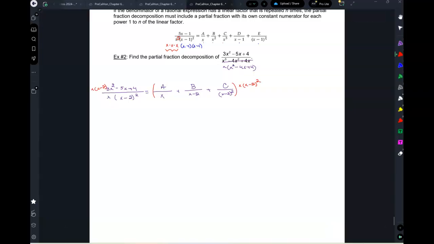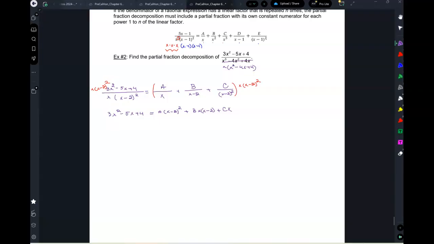So 3x squared minus 5x plus 4 equals A, and remember, we're going to distribute this, x minus 2 squared, plus Bx, x minus 2, plus Cx.